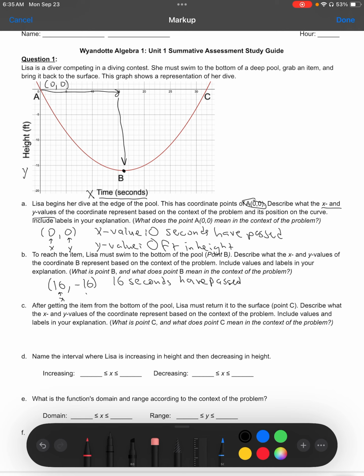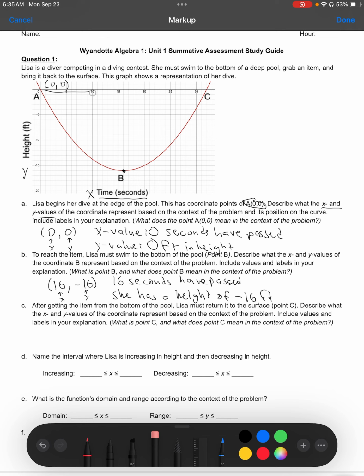And then this negative 16, which is again our y value, means that she has a height of negative 16 feet. After 16 seconds, she's gone down 16 feet. So she has a height of negative 16 feet.